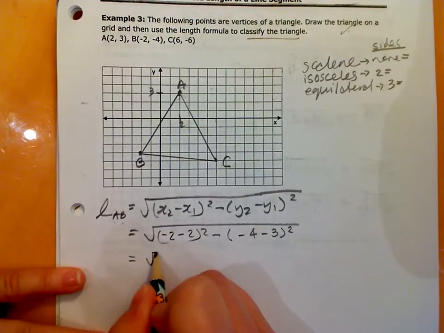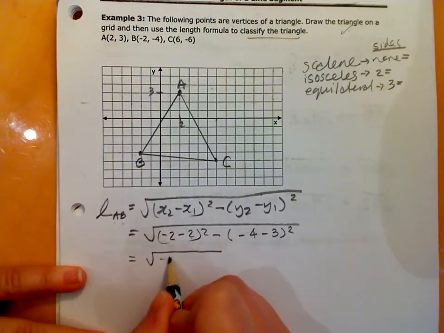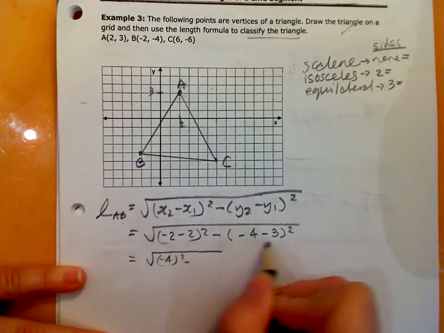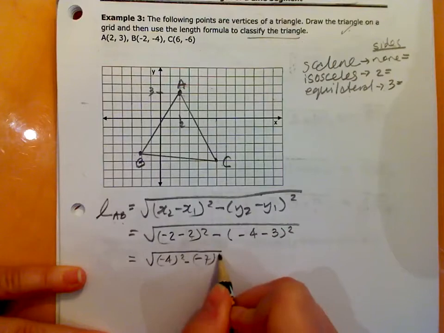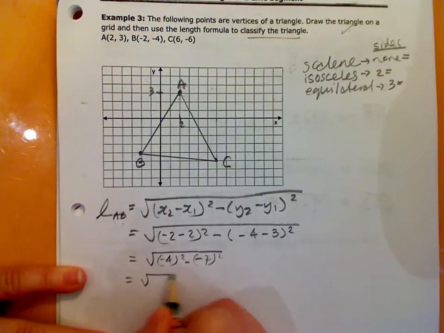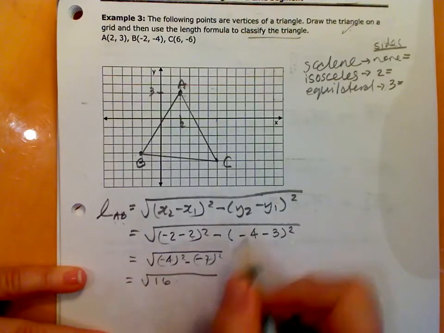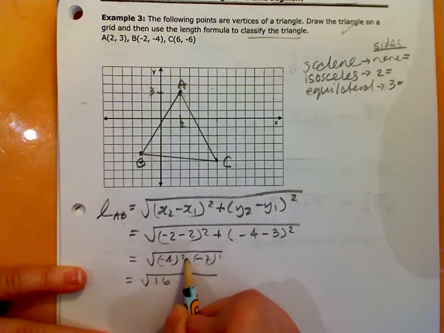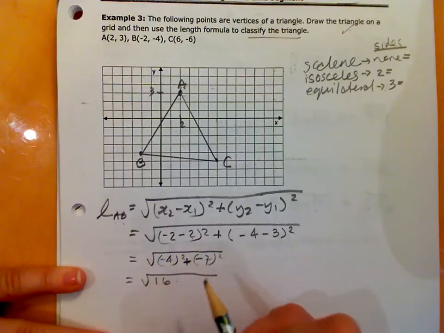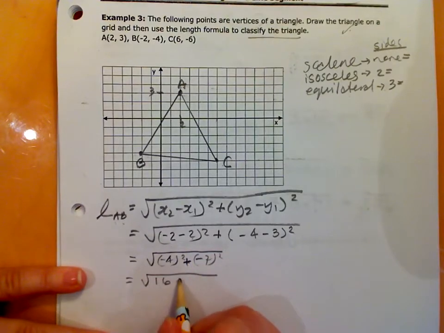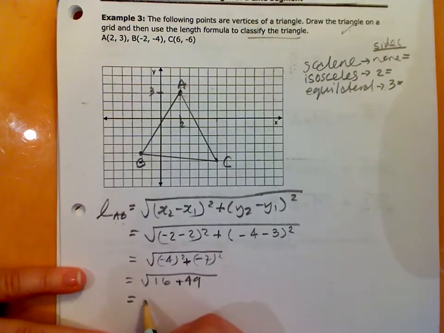Okay, so what's this end up equal? That's negative 4 squared minus negative 7 squared, which equals 16. Oh, that's a plus sign. Whoops, I knew something was wrong. 16 plus 49, which equals 65, right?